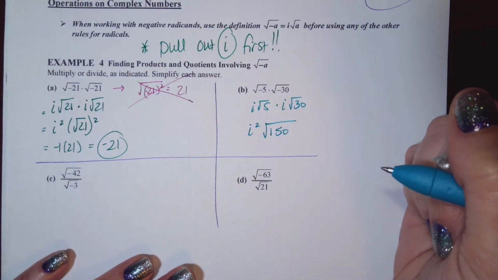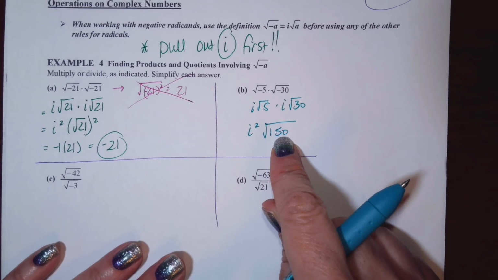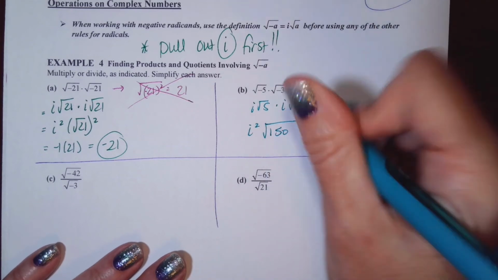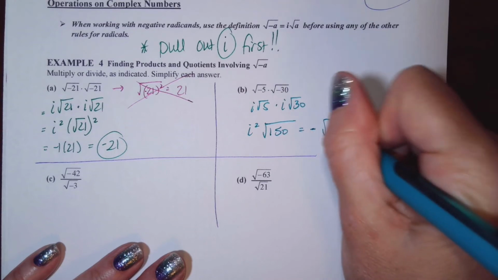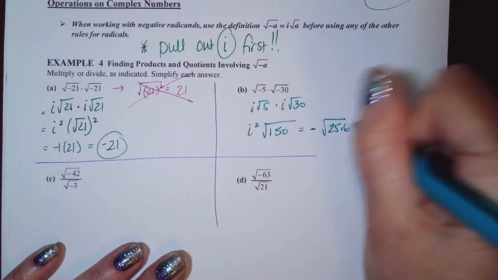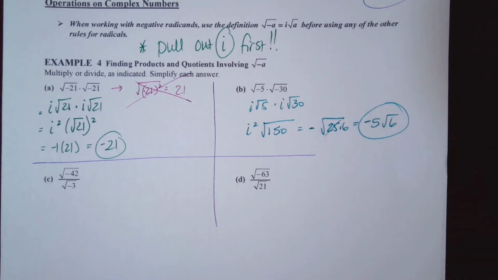Perfect square factors. Well, 25 is a perfect square, and 25 goes into this 6 times. So I've got i squared, which is a negative. 25 times 6, square root 25 is 5. So -5 square roots of 6.